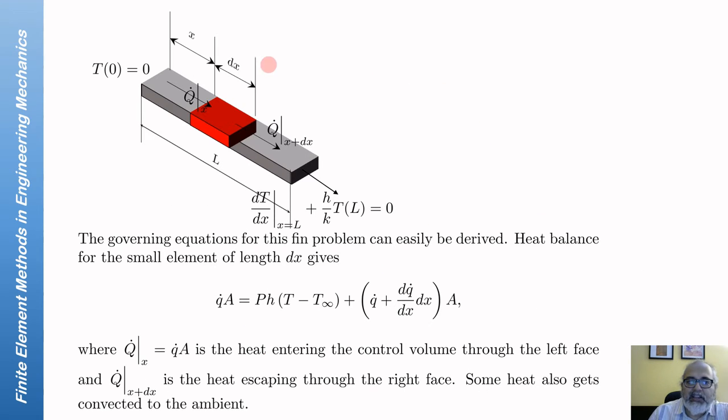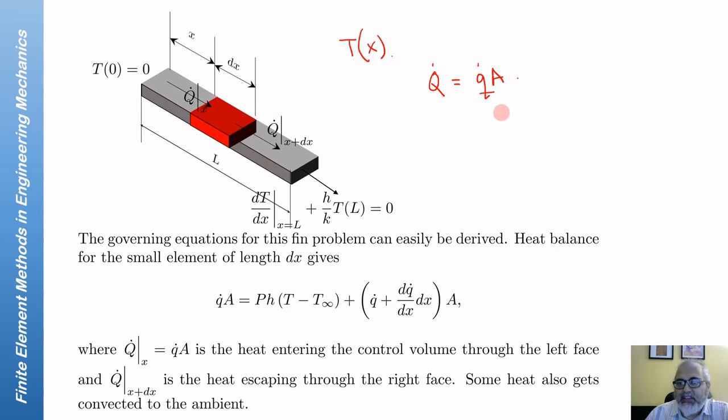So here is a small element of the fin, which is dx. We assume that the temperature distribution is one dimensional, so temperature is just a function of x. It does not vary with y or z. With that assumption, the heat entering through the left side of this small element is q dot times A, where small q dot is the heat flux on the left side.